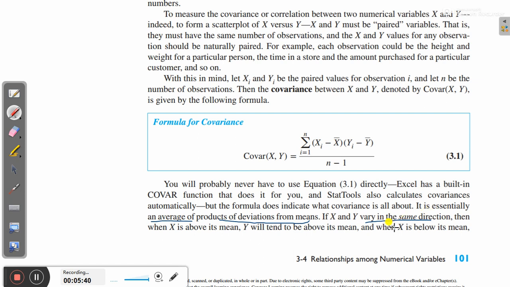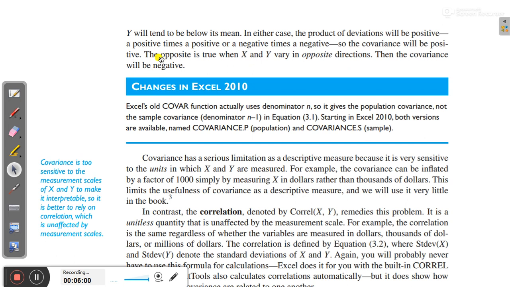If x and y vary in the same direction, then when x is above its mean, y will tend to be above its mean, and when x is below its mean, y will also tend to be below its mean.